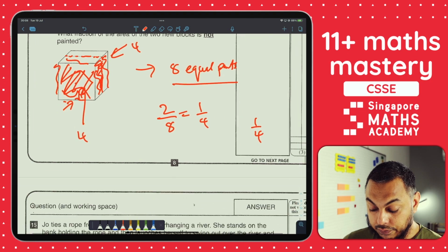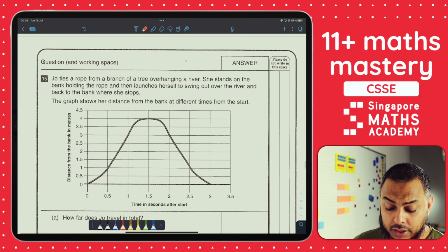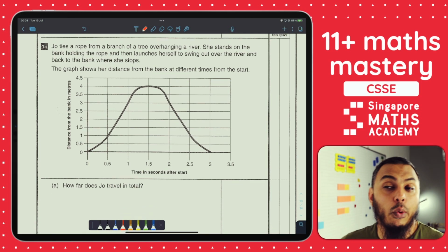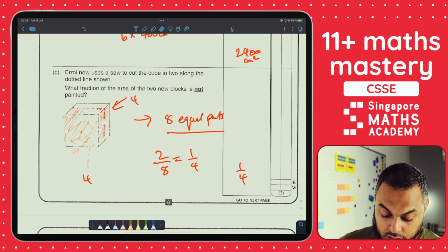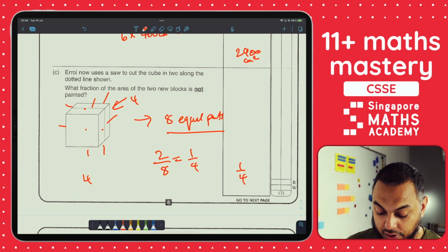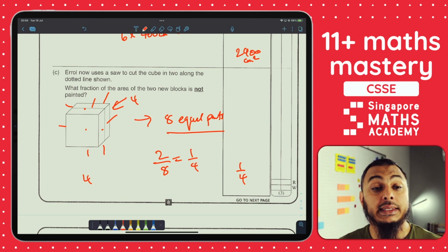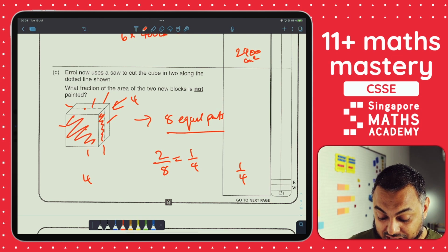So bear that in mind. You've got to think of it a bit differently. You've got to think about equal parts because it's talking about fractions there, not just how many sides. That wouldn't work. In this question, you can't just think, oh, there's going to be 1, 2, 3, 4, 5, and then another 1, 2, 3, 4, 5. There's going to be 10 different sides. Yes, it will be 10 different sides, but quite a few of them, like this one here, are going to be different to this side.